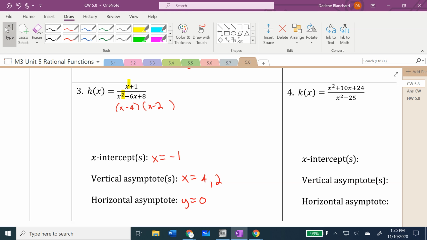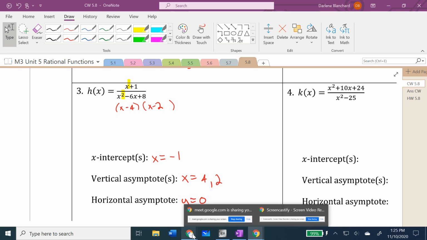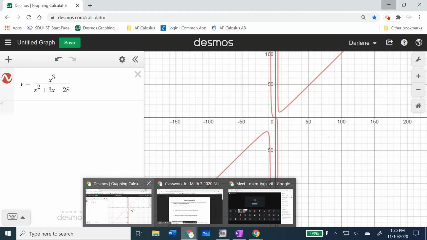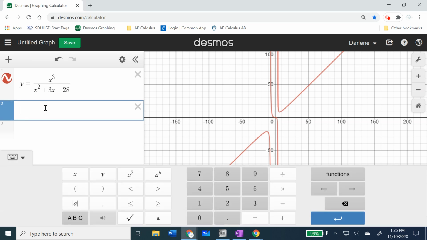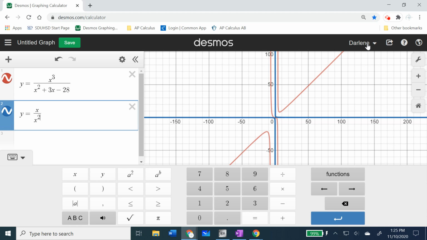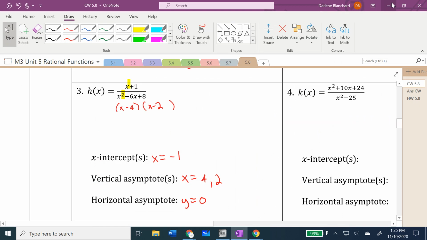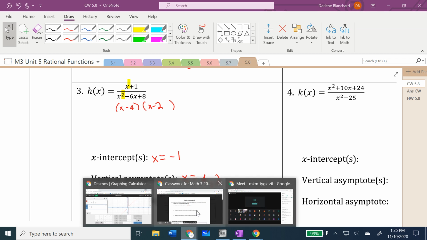And if you would like, I can real quick show you the graph. So I've got x plus 1, if I can find my Desmos. X plus 1, and just give me a second. It was x plus 1, and then minus 6x plus 8.